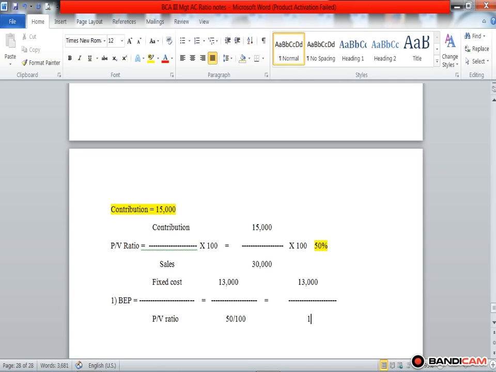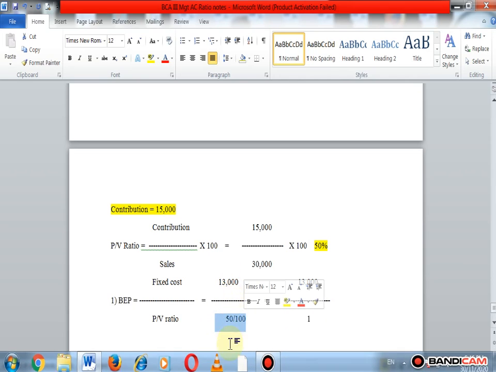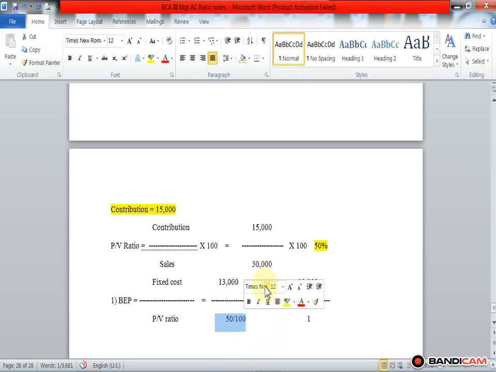So 13,000 divided by 1, multiplied by 100 divided by 50. We transfer the division, so 13,000 multiplied by 100, divided by 50.